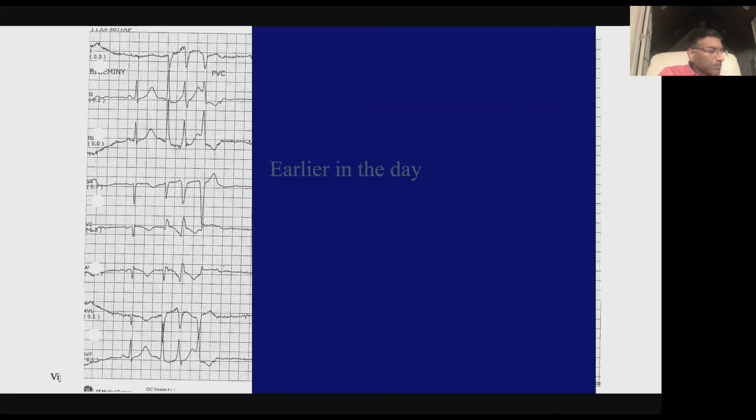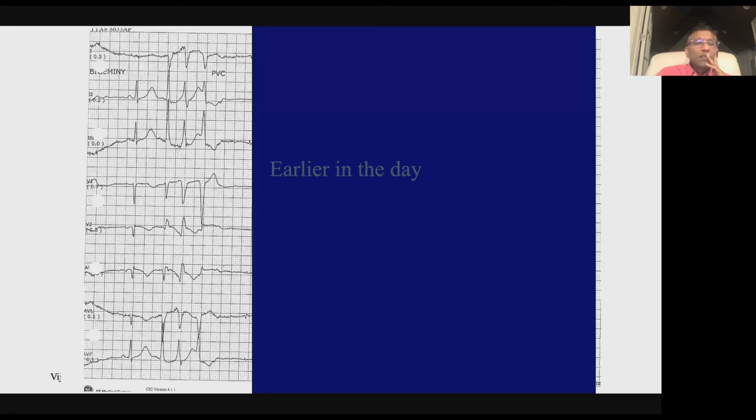So the rhythm is irregular. Not all the QRS complexes are preceded by a P wave. Good. If you look at the first complex, the morphology looks more of an LBBB type.